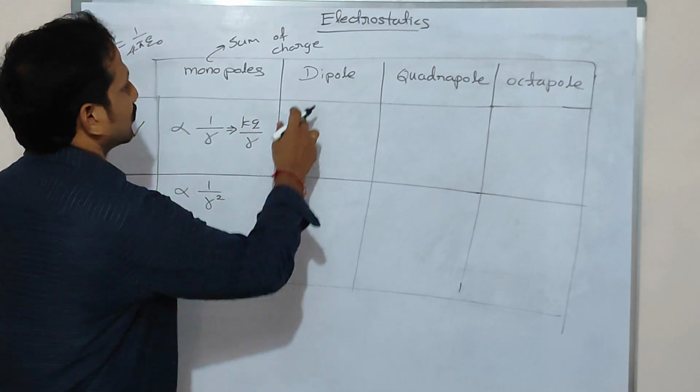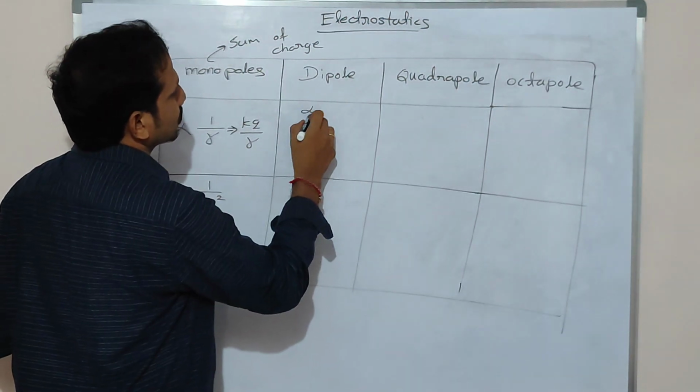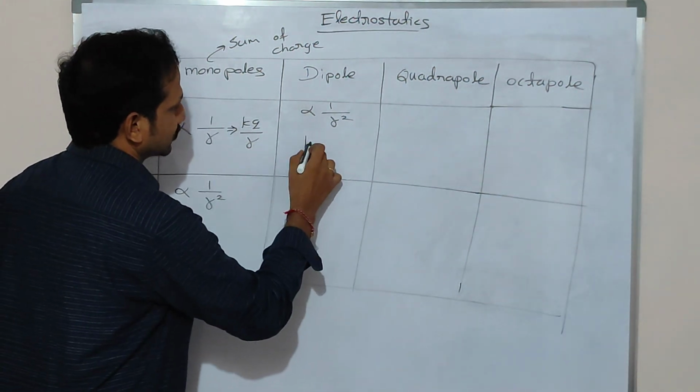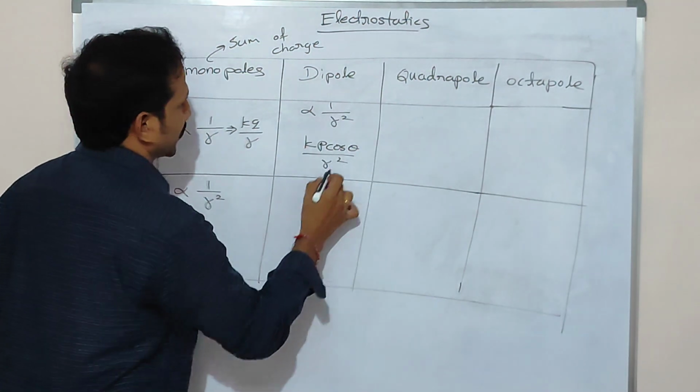Coming to the dipole, the potential due to a dipole is inversely proportional to r square. Written completely, it is k p cos theta divided by r square.